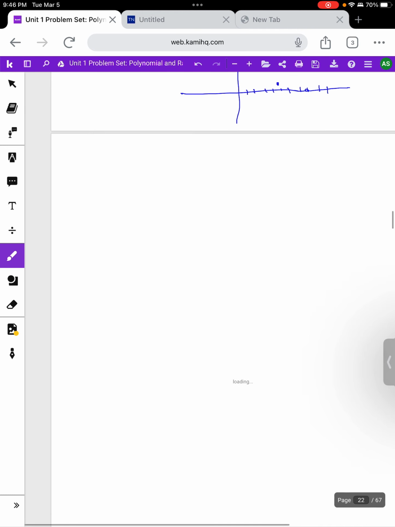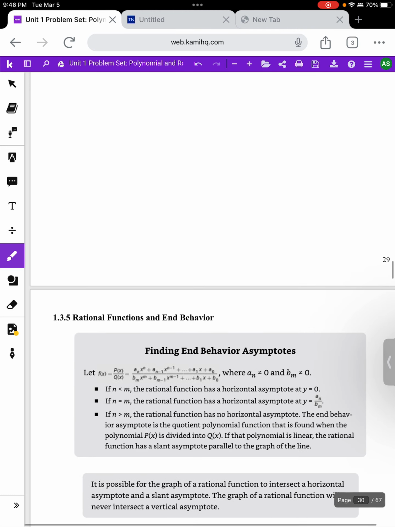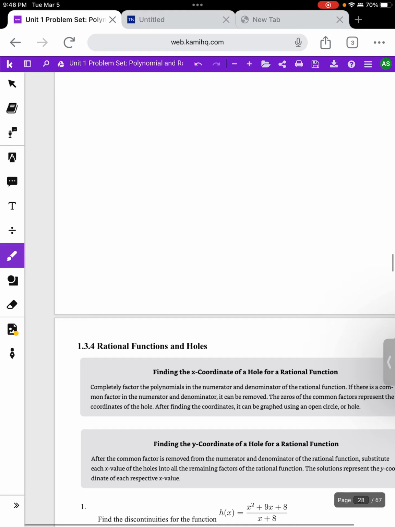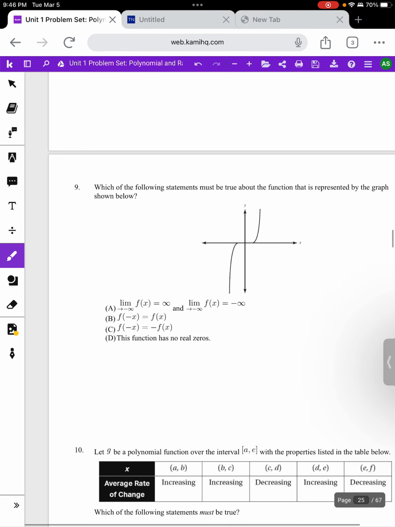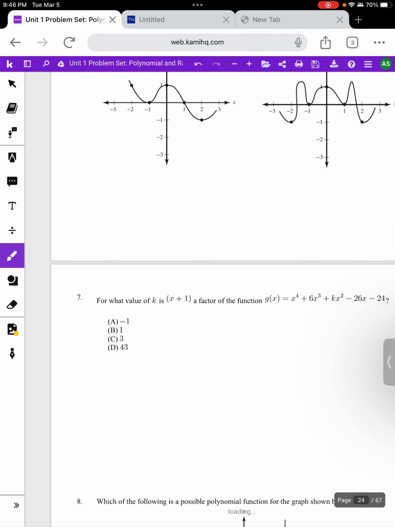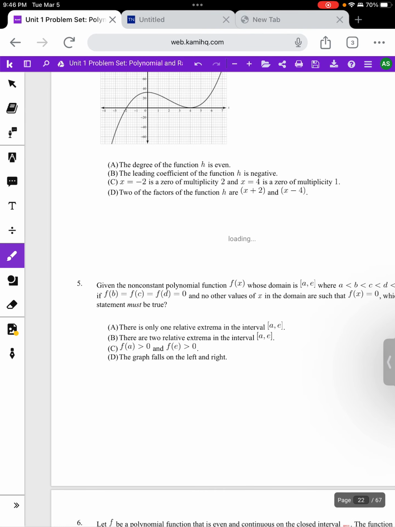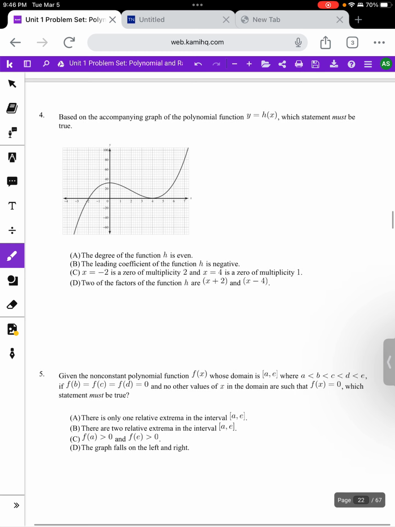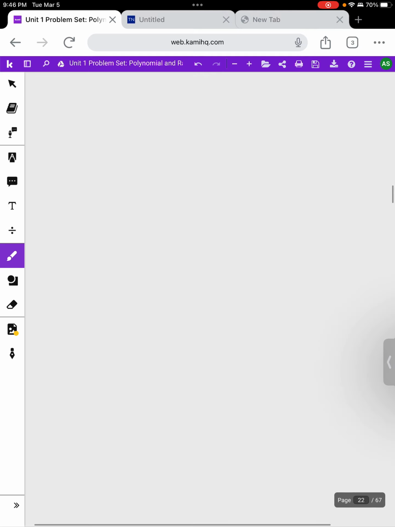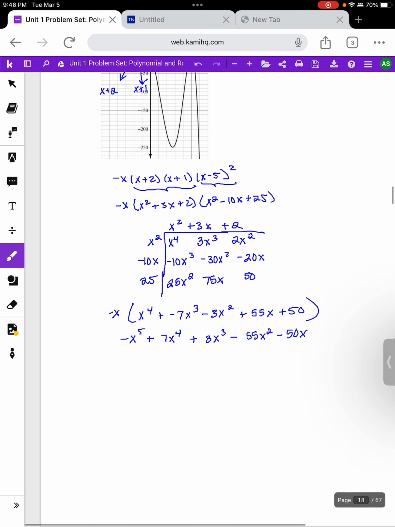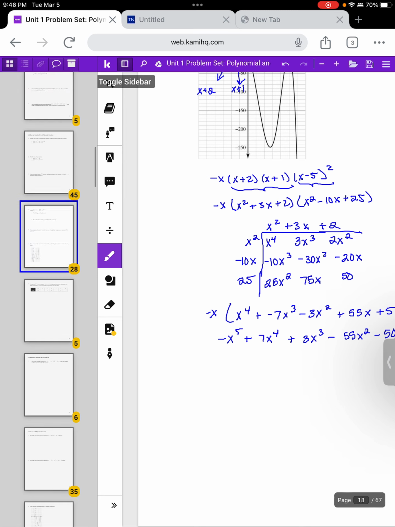Why is this page loading? There we go. Because I had a big picture. No, that's not the page we were on, folks. We were all the way back here doing our multiple choice. There we go. Okay. Based on the accompanying graph of h of x, which of the following statements must be true? Sir, did you need to do that? Oh, where are we now? Sorry, guys.